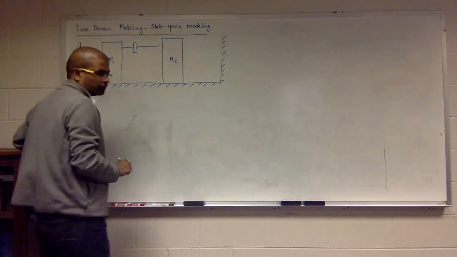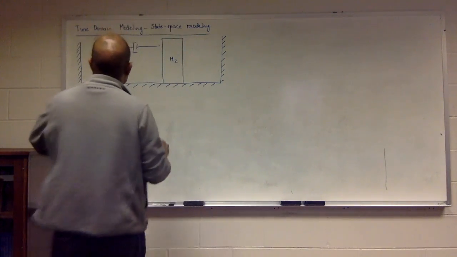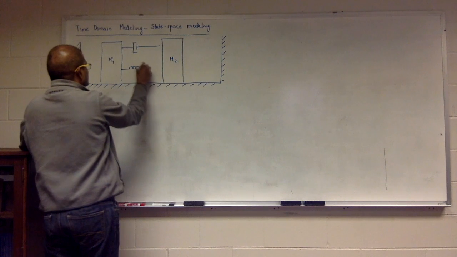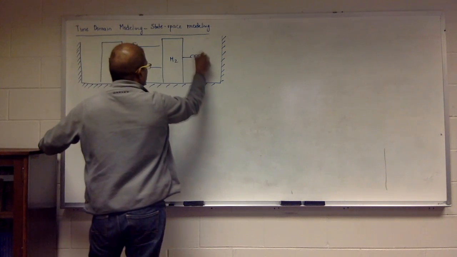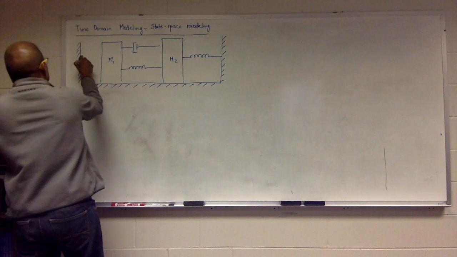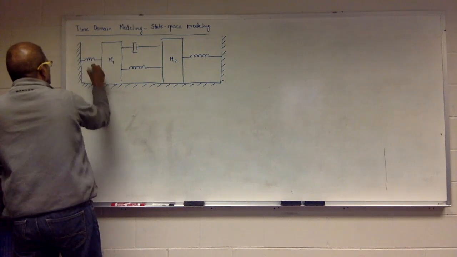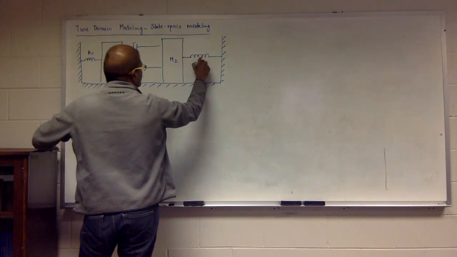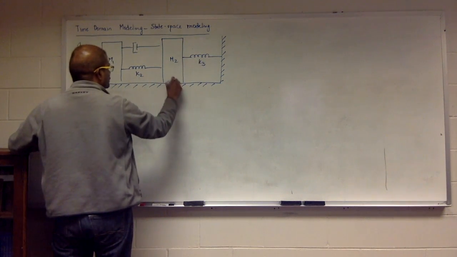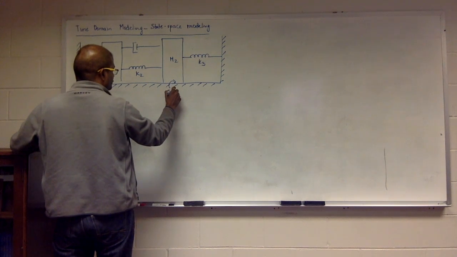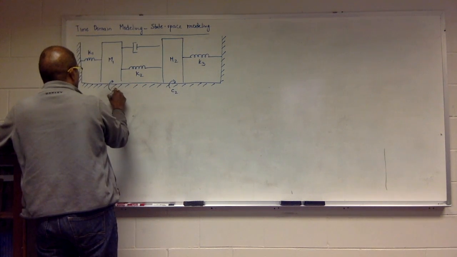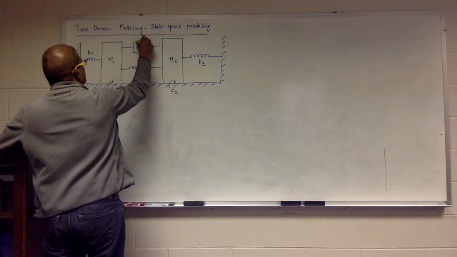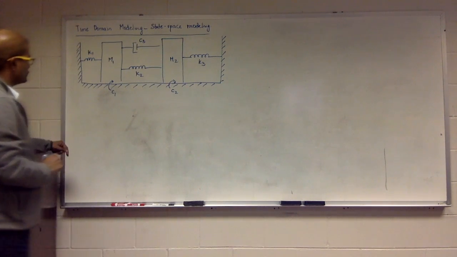I think there was a spring, there was a damper here, and then there was a spring here. There's another spring here. K1, K2, K3. Then we said this is C2, C1.